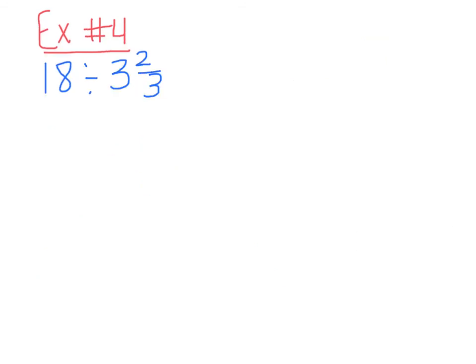Okay, last one. We have 18, so that just stays as 18 over 1, divided by, change this to an improper fraction, so 3 times 3 is 9, plus 2 is 11. Keep the denominator. Stay, change, flip.